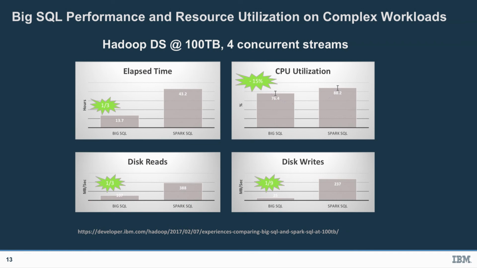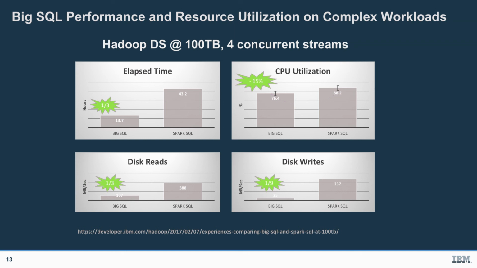A quick idea of the difference between resource management in Big SQL and other engines. This is a comparison between Big SQL version 5 and Spark 2.1 from last year. You may be familiar with the TPC-DS benchmark, which is an industry standard. So IBM heavily tuned Spark 2.1 at the time to run Spark the fastest that it could run on a very high-end cluster, and did the same with Big SQL, running on the same cluster.